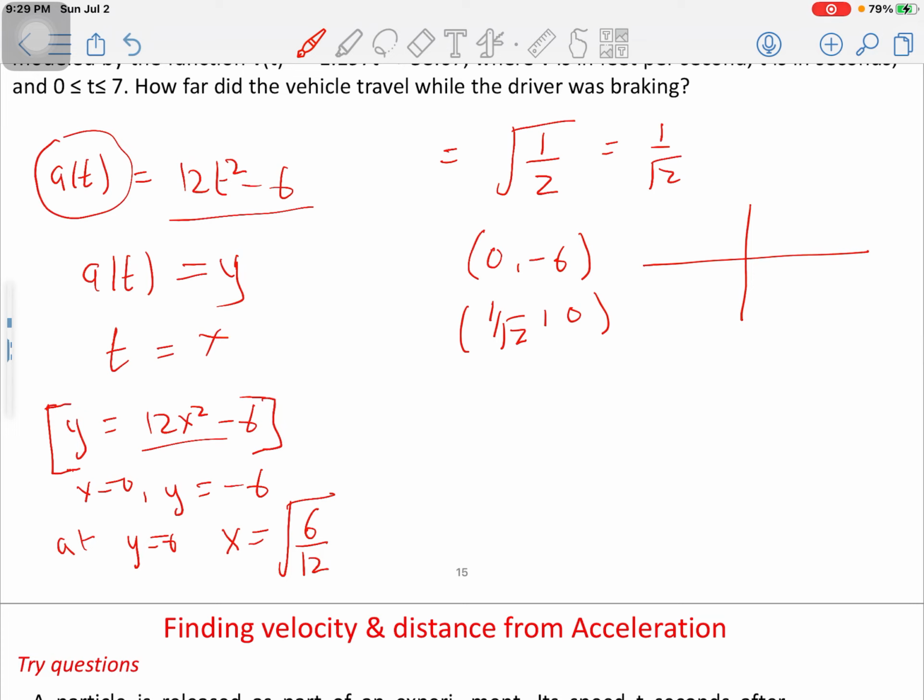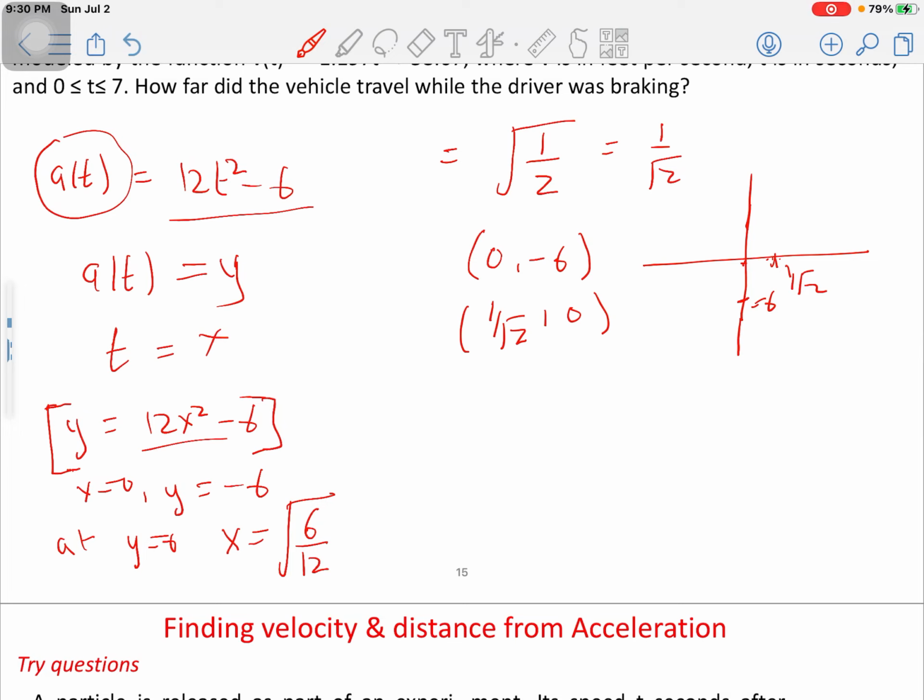And therefore, if you have a graph like this, at x equal to 0, y is -6, you have it here. And then you are going to have an x value also here. Let's say here to be the 1 over root 2.